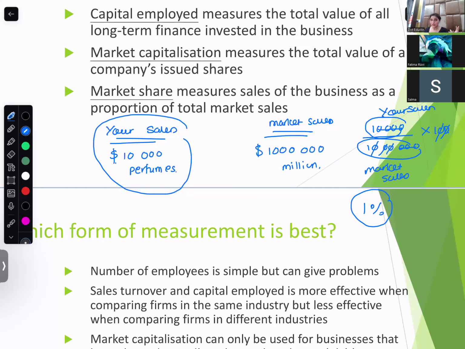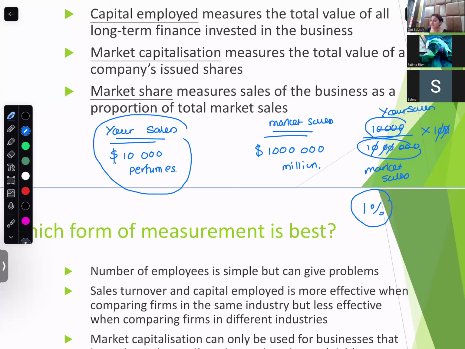Are you with me? Your sales of the business in proportion to the total market sales. That means the entire market, everyone together is selling 1 million, and you are only selling $10,000 perfume. So your share is 1%. So are you a small market or a big market? You're a very small market.